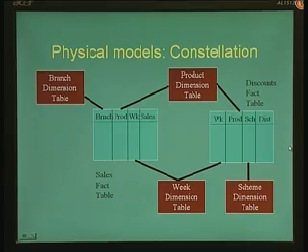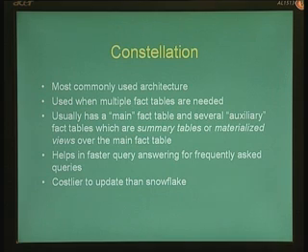So the result looks like a constellation of different stars, that is there are different stars and they are staying together so that it forms a kind of constellation. The constellation is the most commonly used architecture and used when multiple fact tables are required.